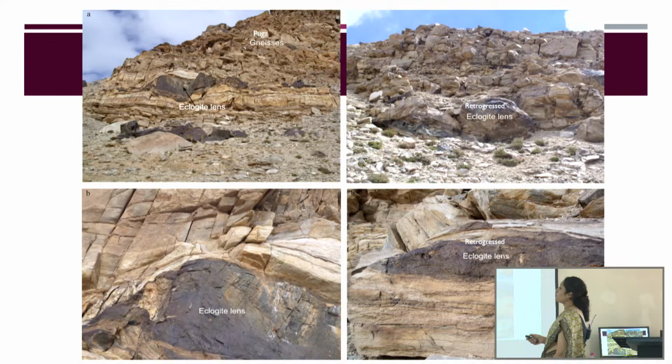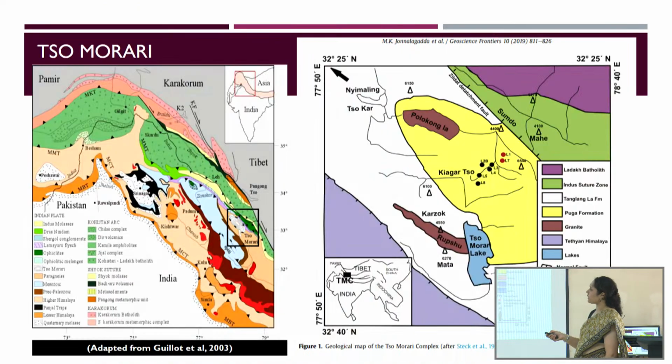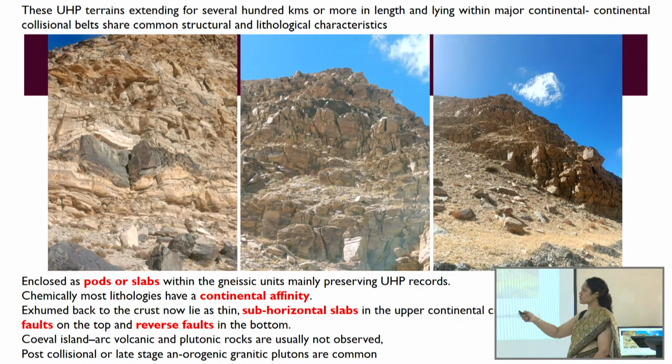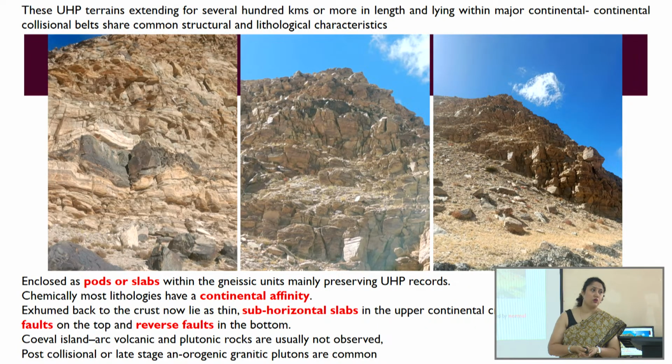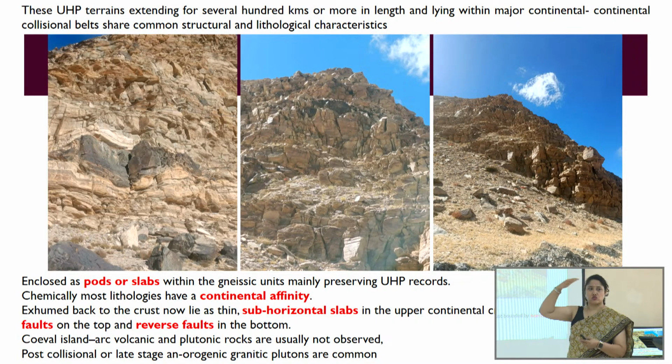So if you look at these field photographs, similar to the earlier field photographs, let me go back. In fact, that one is a better slide, because they are recent photographs. Yeah, they occur as pods. So this is the primary eclogite, which is pure. It does not show retrograde signatures. And all of these lenses are at a higher level.